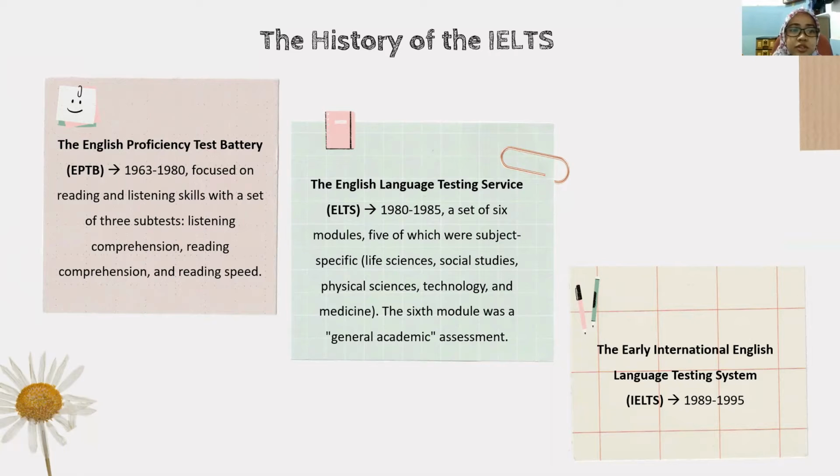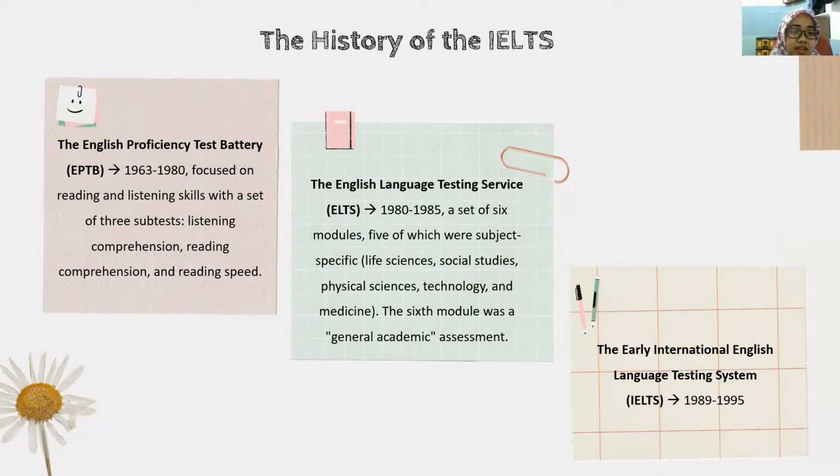The focus was only on reading and listening skills, with a set of 3 subtests, namely listening comprehension, reading comprehension, and reading speed. So there was a drawback: no productive skills were included.